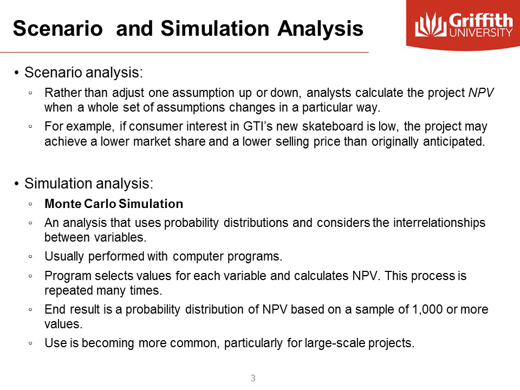For example, the manager may specify that the market share can be anywhere between 1 and 10%, or that the selling price of the GTI product is a random value with a mean of 200 and standard deviation of 30. The software then takes these random draws from the distribution and calculates the project's cash flows and NPV over and over again.